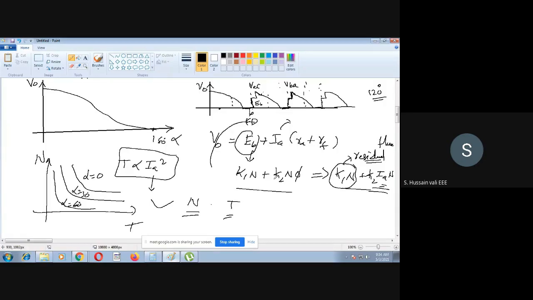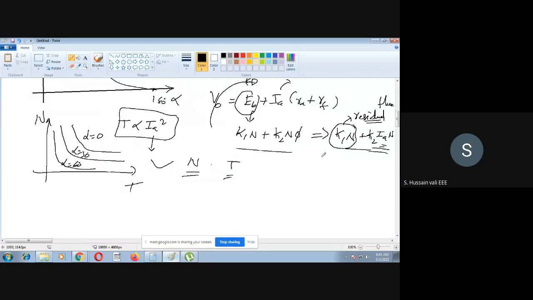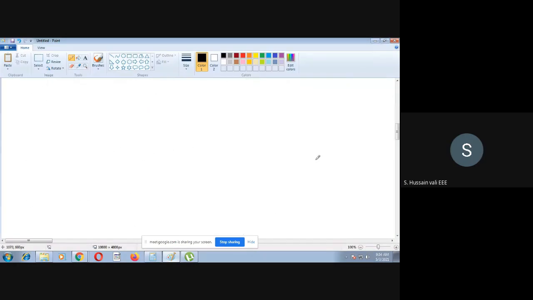Then we will jump to the next thing. We will jump to the same motor but with a full converter. We will see the three phase full converter fed DC series motor.